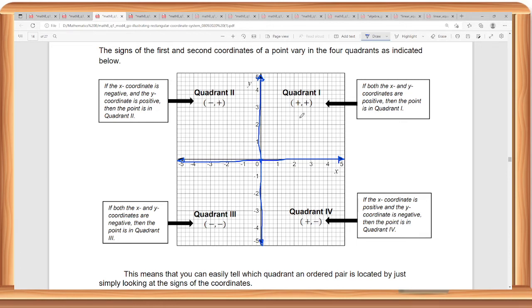Therefore, in the first quadrant, the x coordinate is positive since it is going to the right, and the y coordinate is also positive because it is going up.